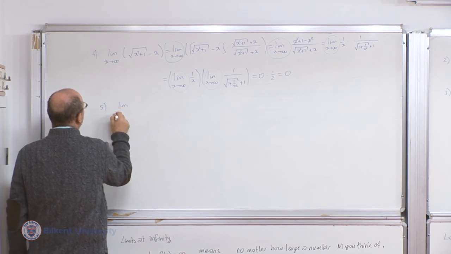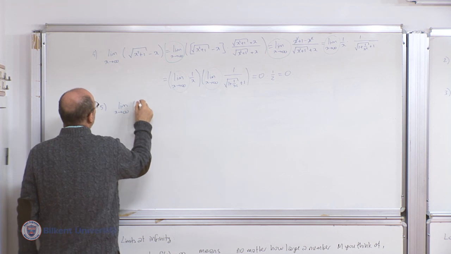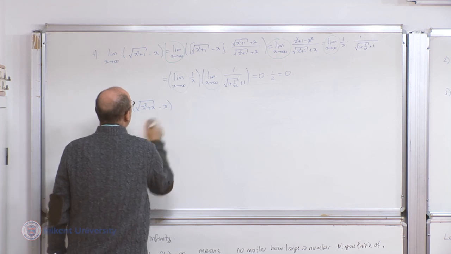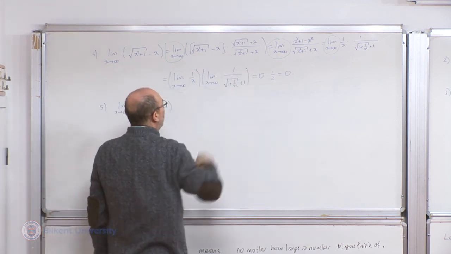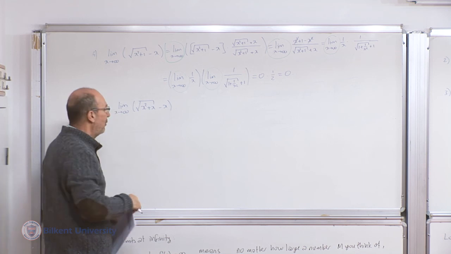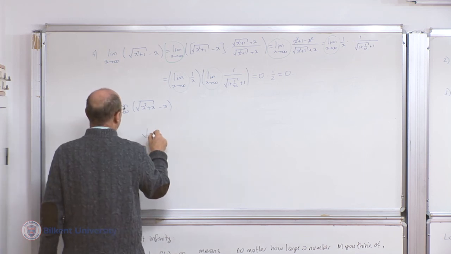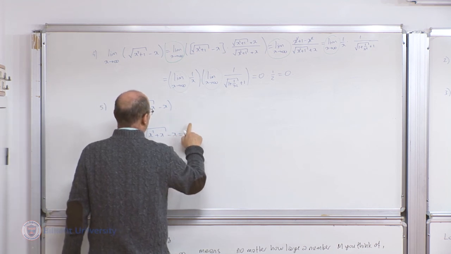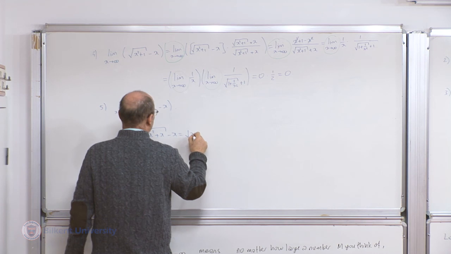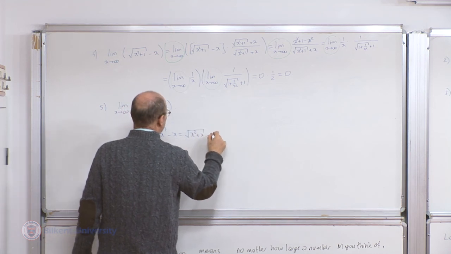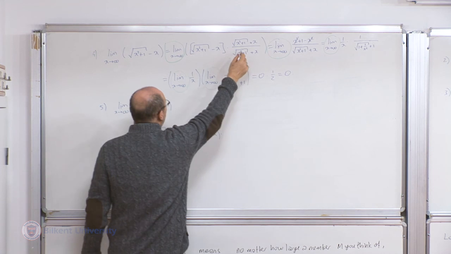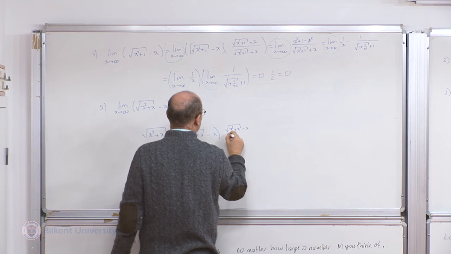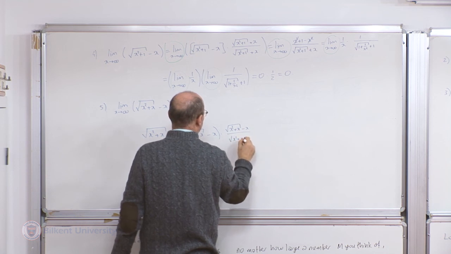We want to calculate the limit as x goes to infinity of the square root of x squared plus x, minus x. Now I don't want to write limit all the time because I don't have time. So what I do is this: the square root of x squared plus x minus x is equal to itself, multiplied by the square root of x squared plus x plus x, over the square root of x squared plus x plus x.